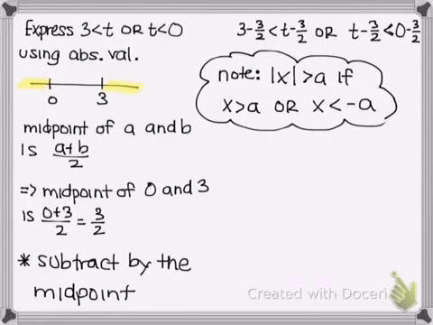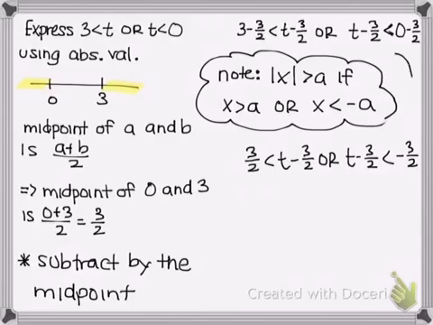And I skipped one step up here, I should have simplified this. So if I simplify 3 minus 3/2, I get 3/2 is less than t minus 3/2, or t minus 3/2 is less than negative 3/2. That's this statement, just simplified.